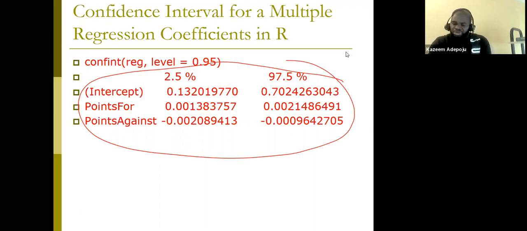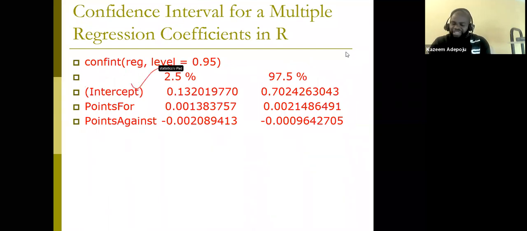So you're going to have that for the intercept, for the point for, and for the point against. So what I'm just showing you right now is a confidence interval for a multiple regression coefficient in R, and that is the way it's going to be presented.